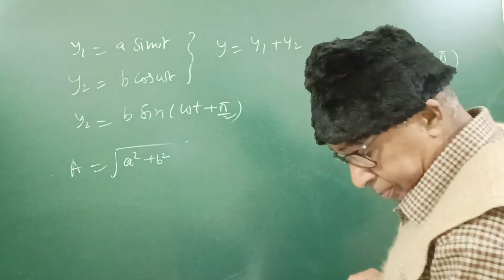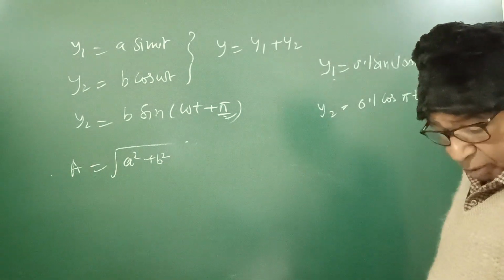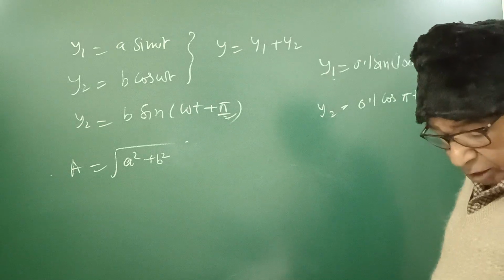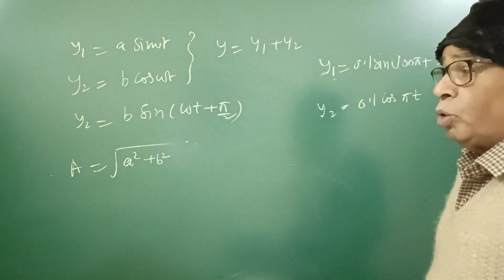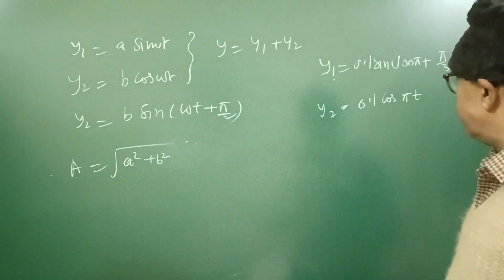They are asking what is the phase difference of the velocity of particle 1 with respect to 2, it means phi 1 minus phi 2 has to be found.